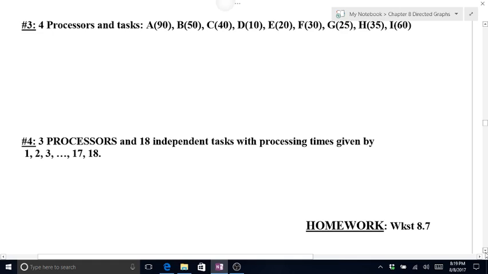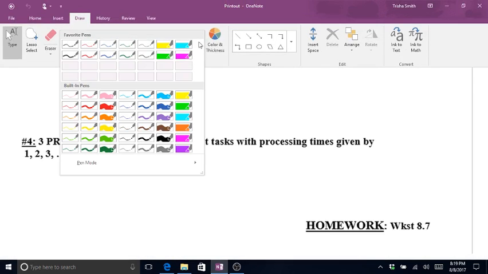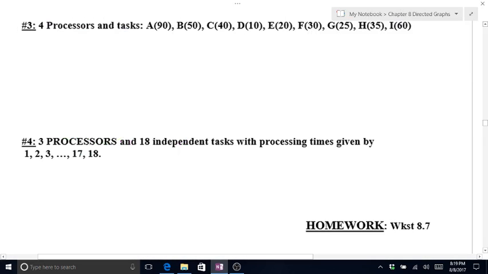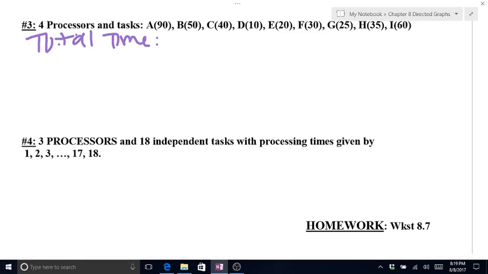Okay, let's do 4 processors and tasks. So total 360 divided by 4, it's 90.